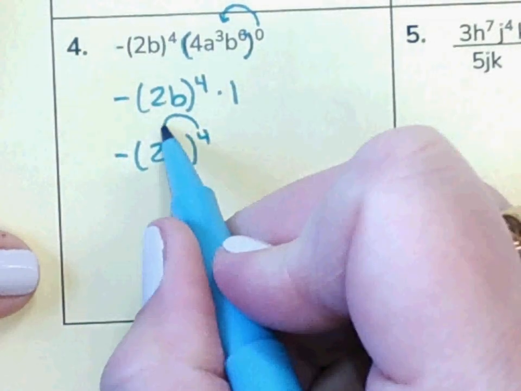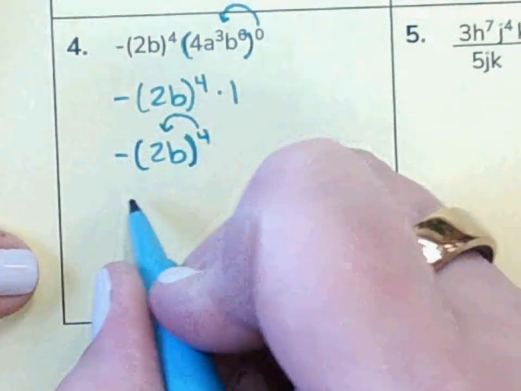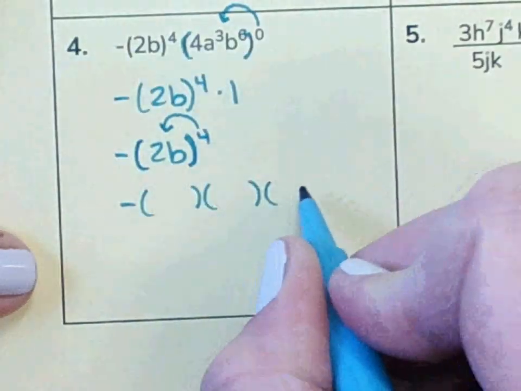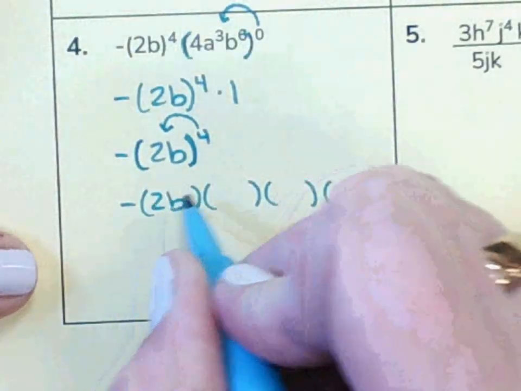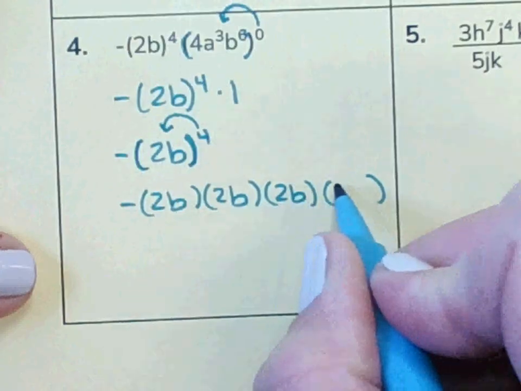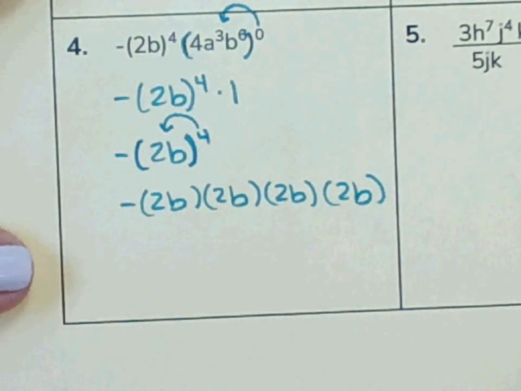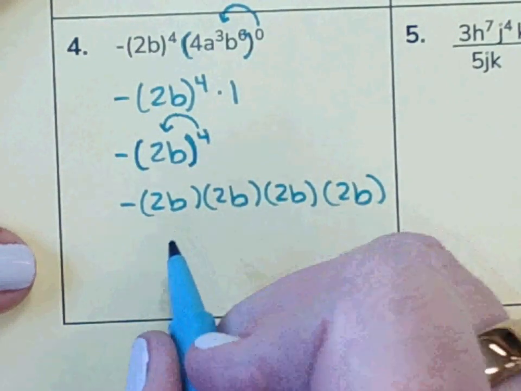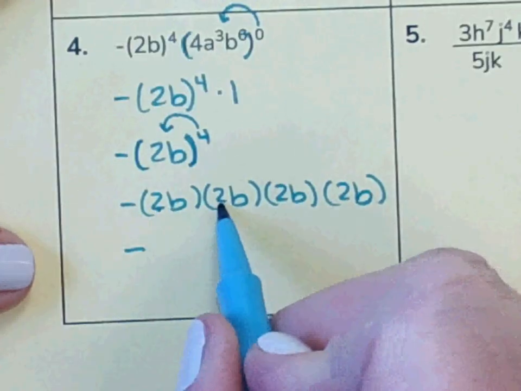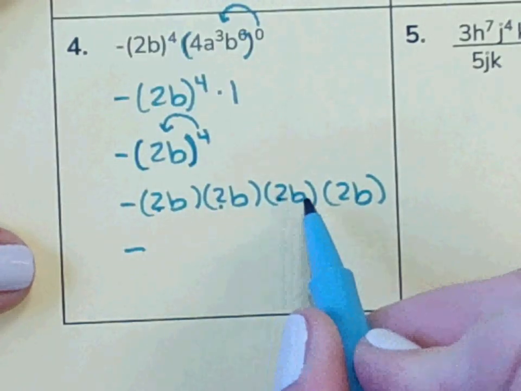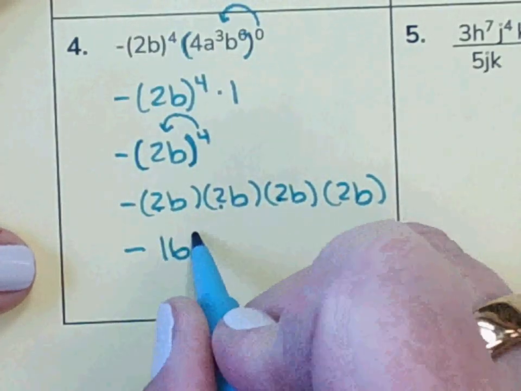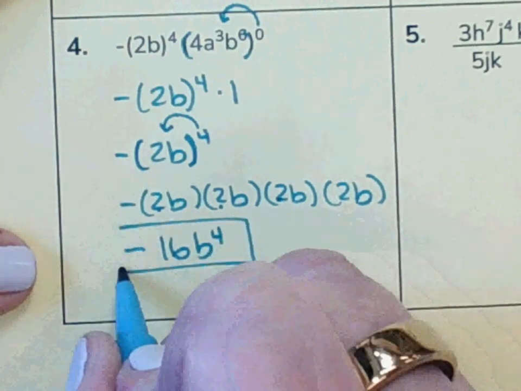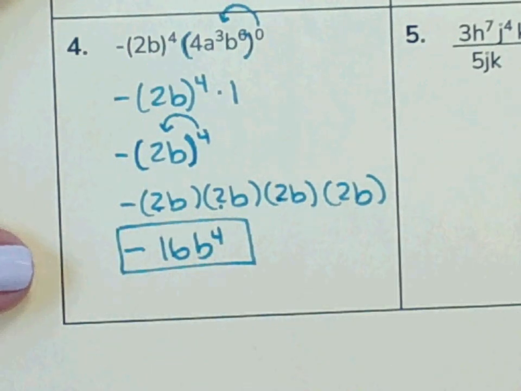This 4 is only on the parentheses. Then I have a negative. I've got 2 times 2 is 4, times 2 is 8, times 2 is 16. Rewatch it again if you need to.